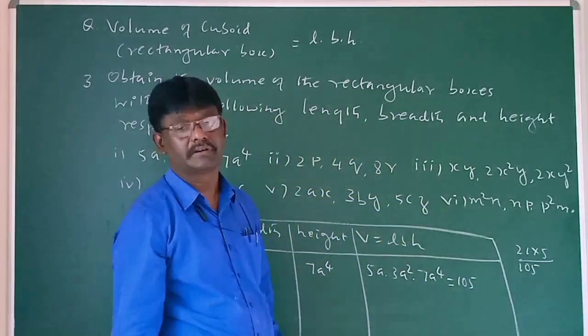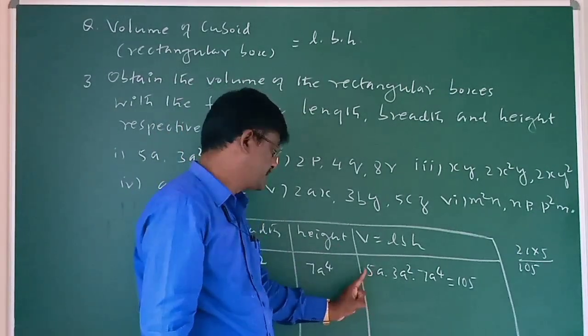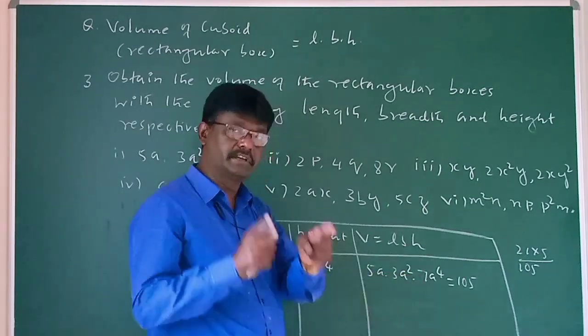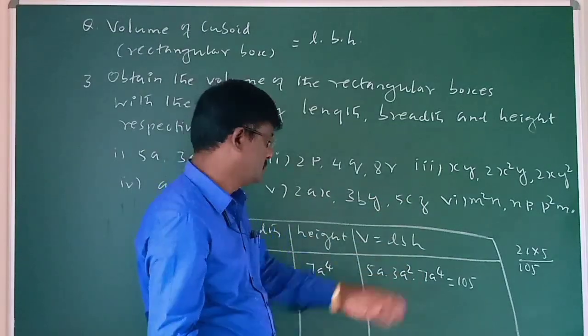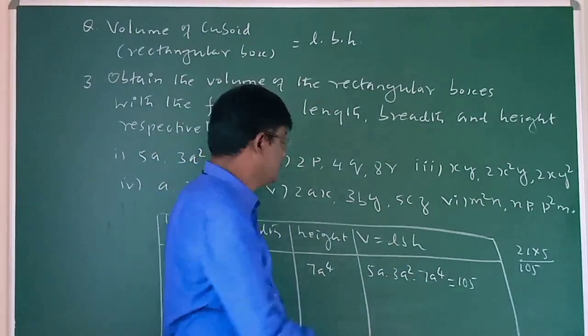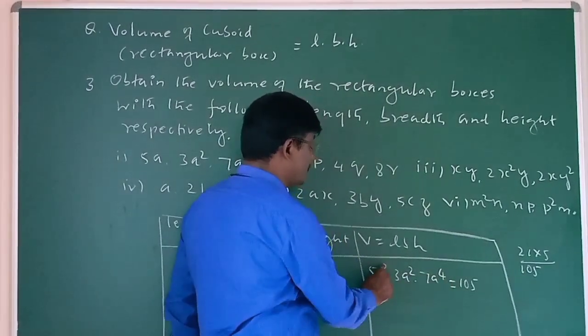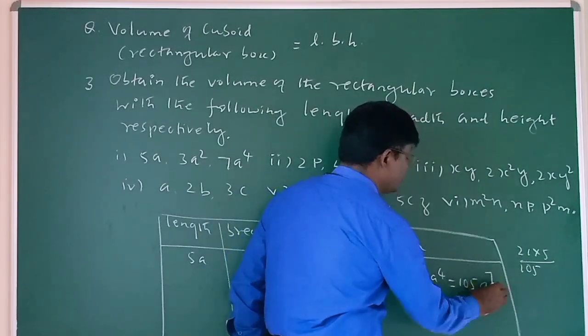Before that, first we have to multiply the signs. Plus into plus is plus, plus into plus is plus. First you take the product of any two, then with the third. Therefore, plus 105, a power 1, a power 2, a power 4 becomes 1 plus 2 is 3, 3 plus 4 is 7. Thus, a power 7.